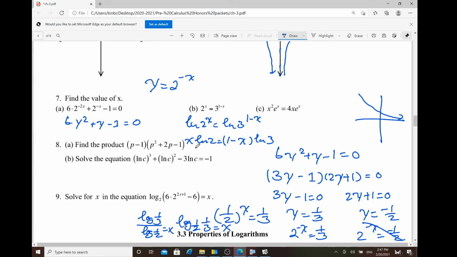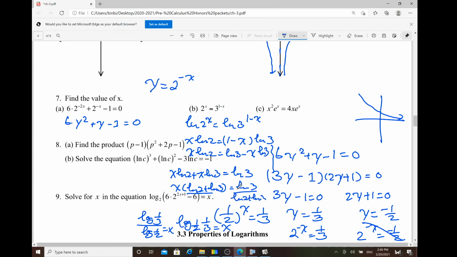And from here, we want to distribute and try to bring the x terms together. So x natural log of 2 plus x natural log of 3 equals natural log of 3. Take out the greatest common factor, x. So we get natural log of 2 plus natural log of 3, and that equals natural log of 3. So finally, for x, divide both sides by natural log of 2 plus natural log of 3.